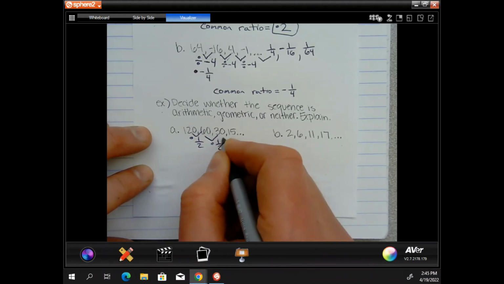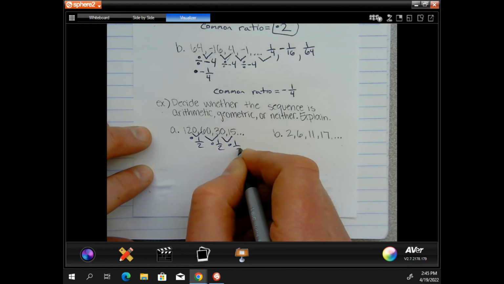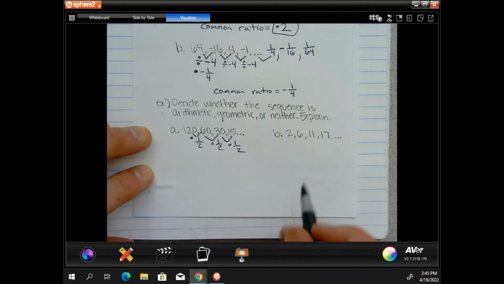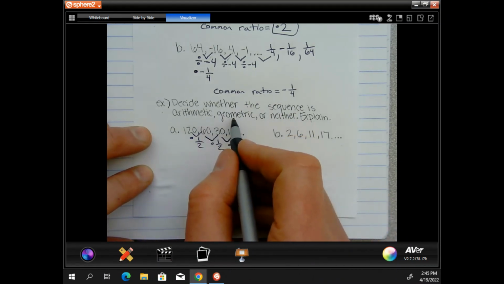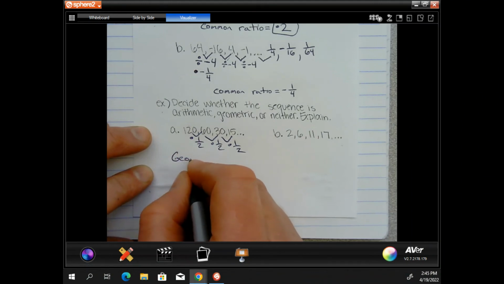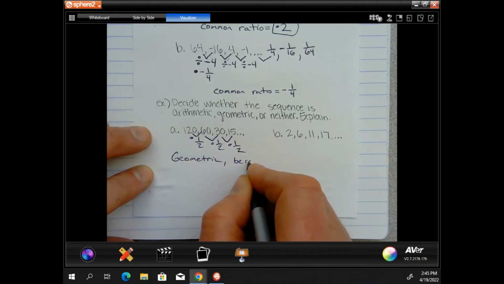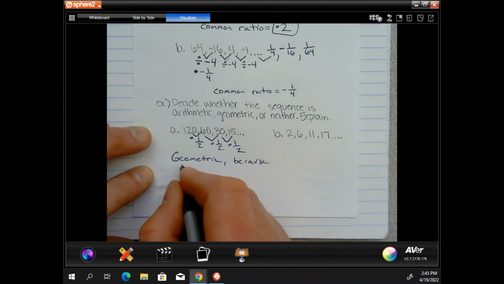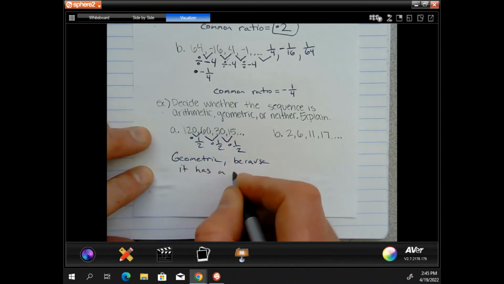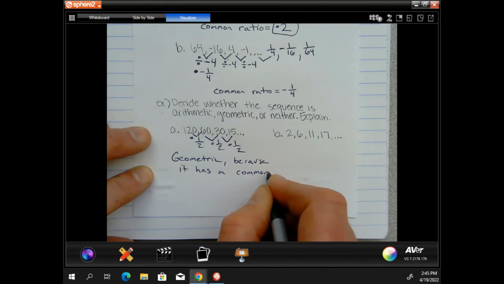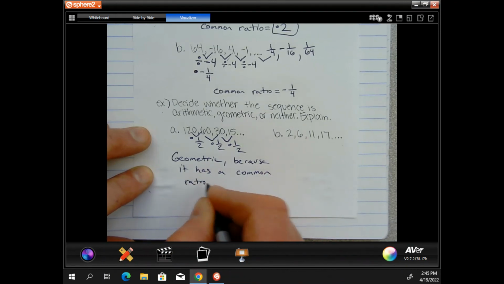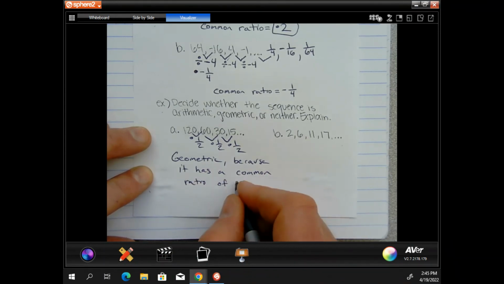Multiplying by 1/2, multiplying by 1/2, which means that this is geometric. And that's because it has a common ratio of 1/2.